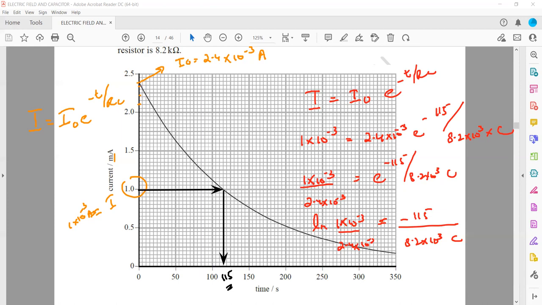When we simplify, the capacitance will be 0.016 farad. The unit of capacitance is farad. Is this part clear, how we worked out the capacitance of the capacitor used for this circuit?